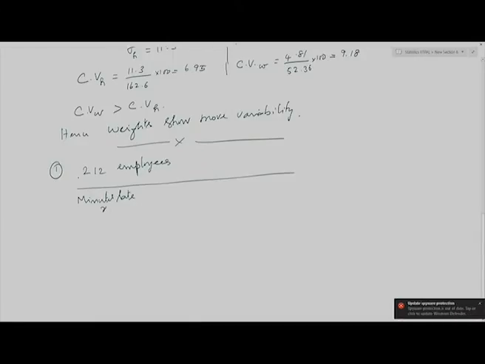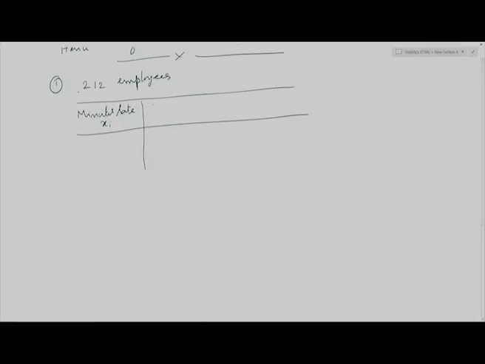So let me call it xi, and frequency, how many employees, so for example 0 minutes late. So people who are punctual, the number of people, frequency, let me call it fi, and there are 181 employees on time, and 1 minute late, 2 minutes late, 3 minutes late, 4, 5, 6, 7, 8.